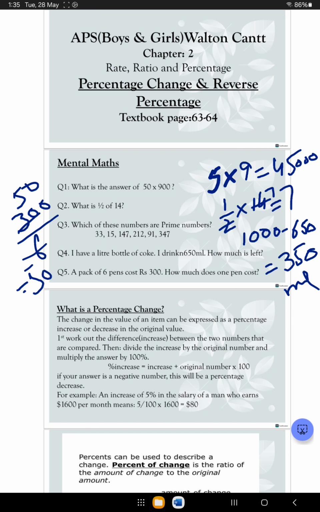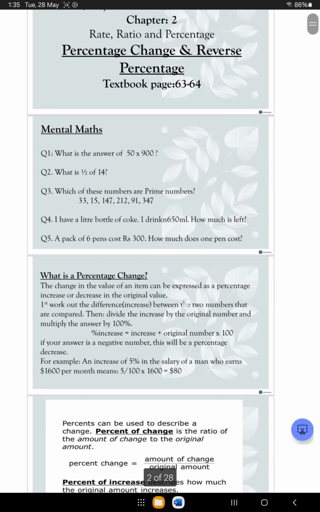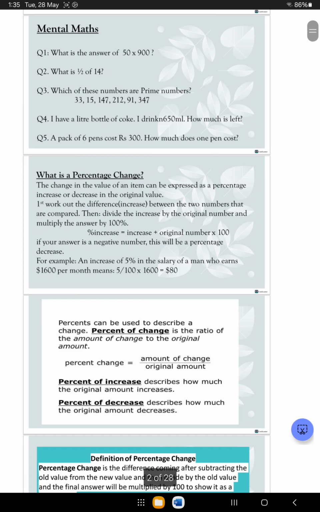What is the percentage change? The change in the value can be expressed like this.